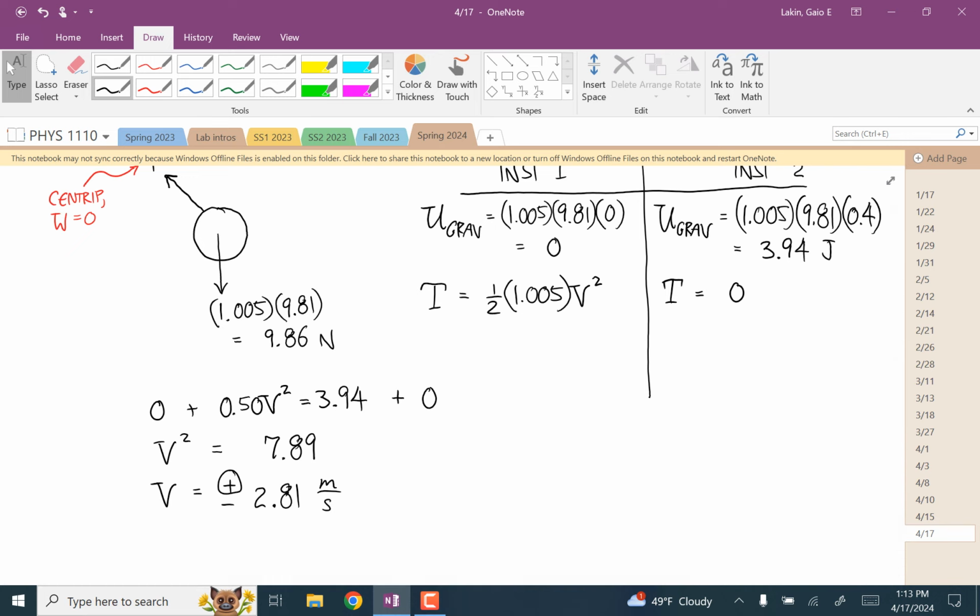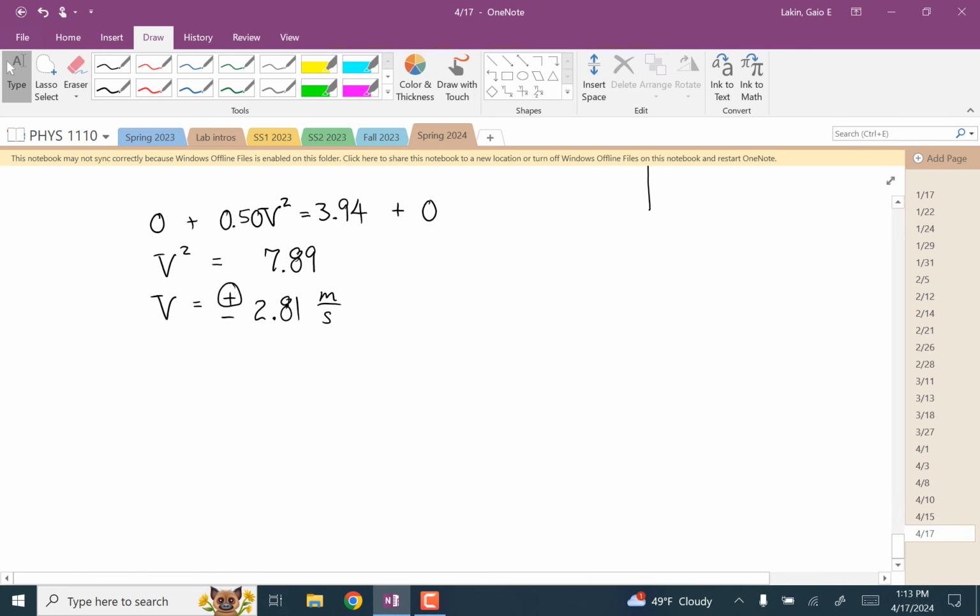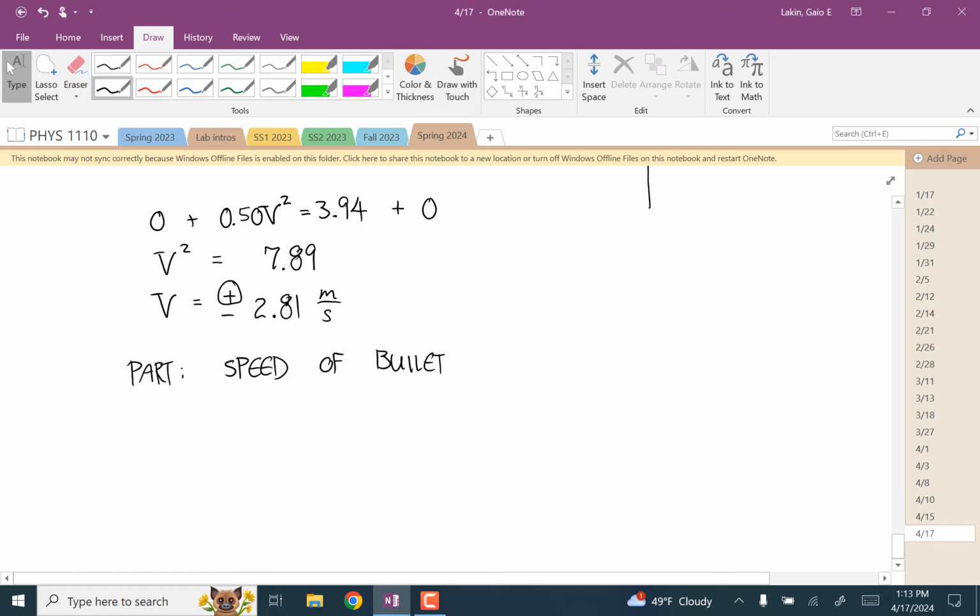Okay, well now we have to use conservation of linear momentum. This is part 2. Now we have to calculate in reverse the speed of the bullet, given that after the collision, the system speed is 2.81.